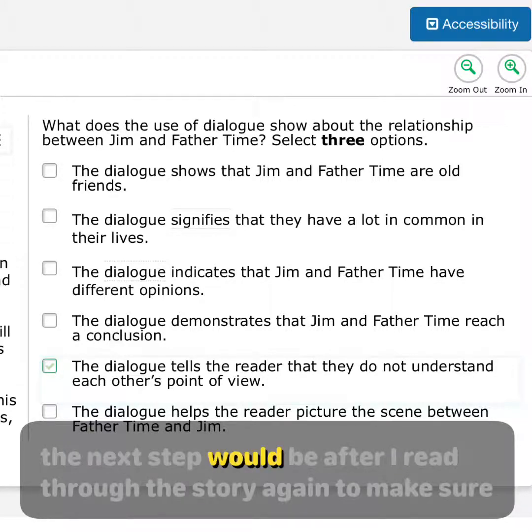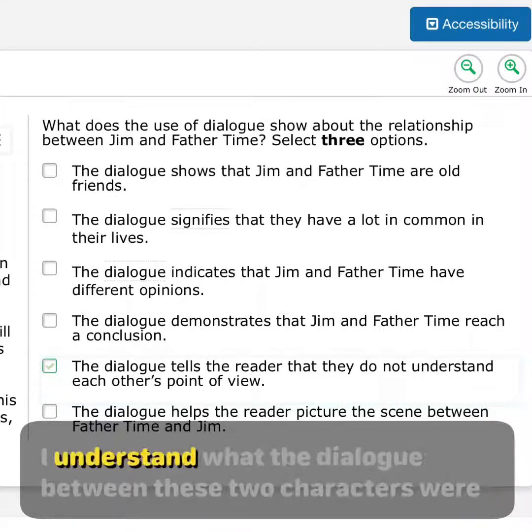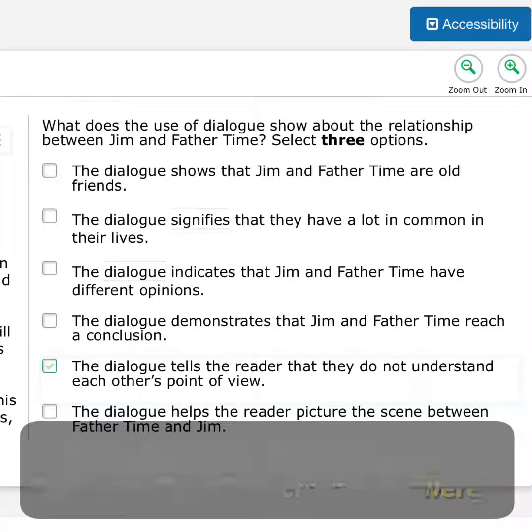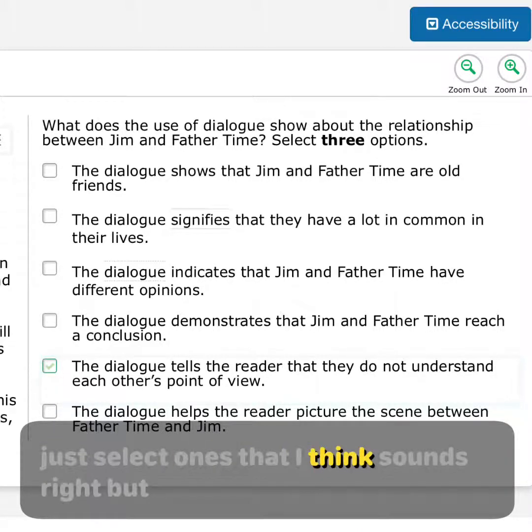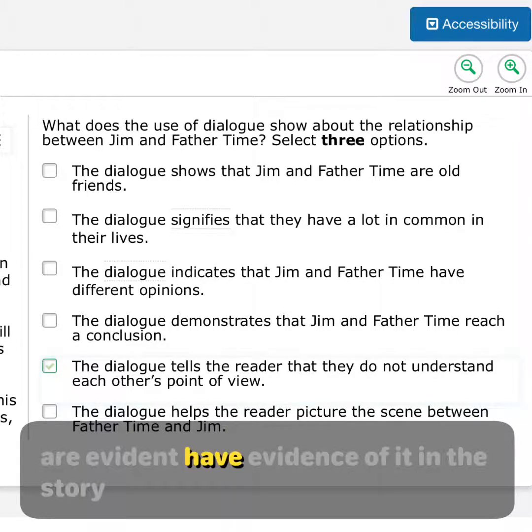The next step would be, after I read through the story again to make sure I understand what the dialogue between these two characters were, to go through and read every single option that is here, and not just select ones that I think sound right, but have evidence of it in the story.